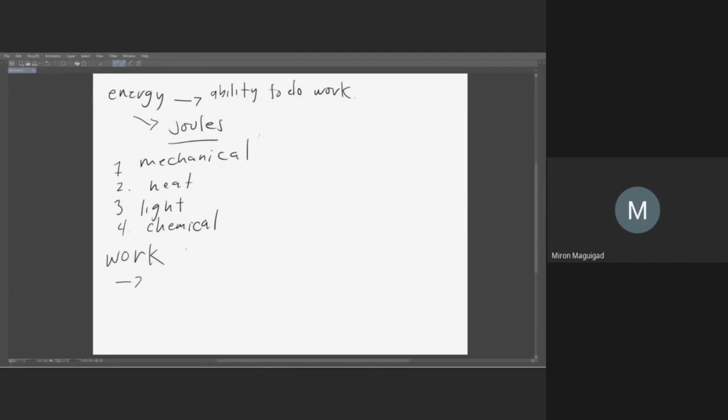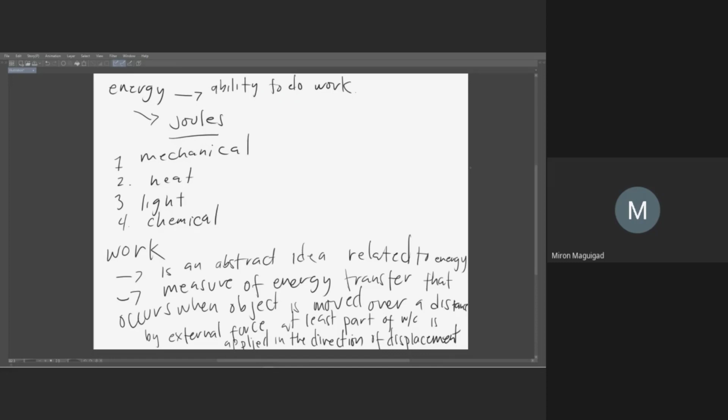So parang mahirap isipin yung definition ng work in physics. When work is done, it is accompanied by the change in energy. Okay na po ba? Yes po, sir. How about yung iba? Okay na po, sir.